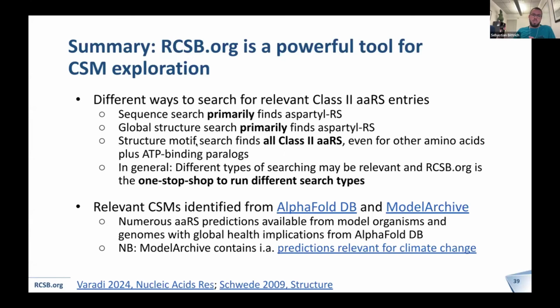To generalize some more, RCSB.org gives you access to a wide range of search tools and strategies, and makes it quite easy to navigate enormous result sets. I think especially for computed structure models this is really important, because we have so much data now, and you need powerful tools to make sense of them and to compare them.